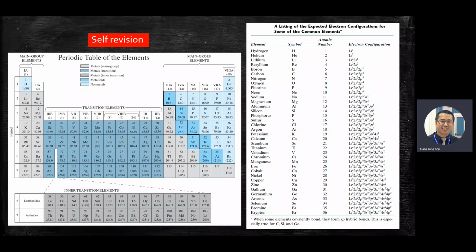Okay, based on the standard answer, it is 3d2, 4s squared. Check.